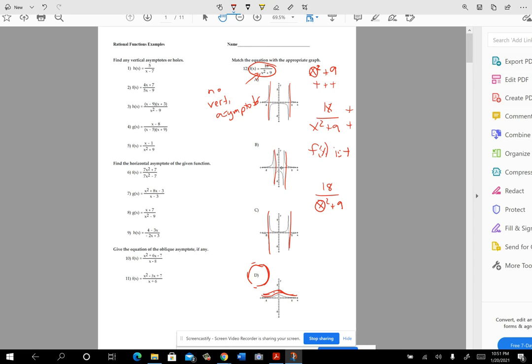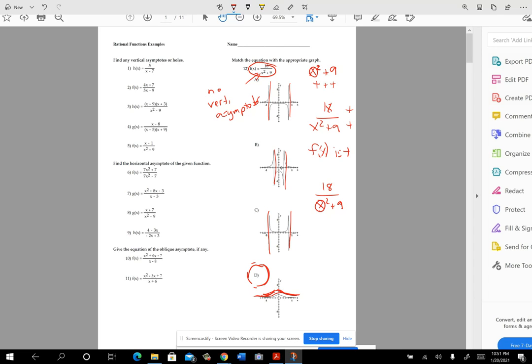See, if x is 1, 2, 3, or 4, you're going to square it and add 9, and that makes the denominator bigger and bigger and bigger. So if you pick x's that go towards positive infinity or negative infinity, the denominator gets bigger and bigger, which makes the whole fraction smaller. So see how it's approaching the x-axis from the top and approaching it from the bottom?